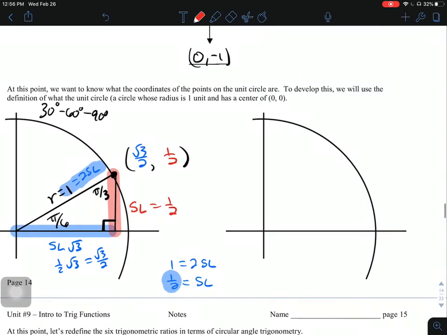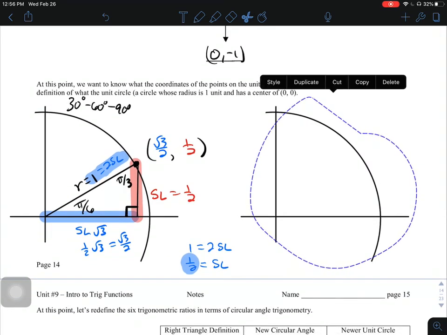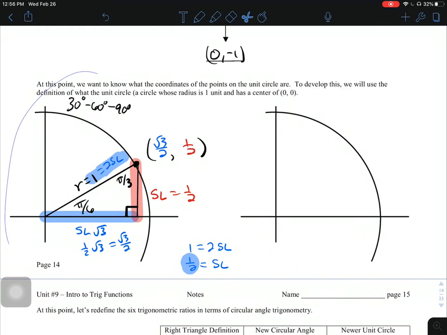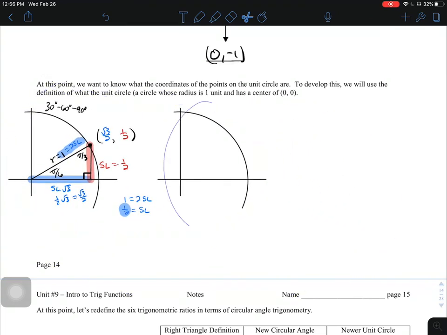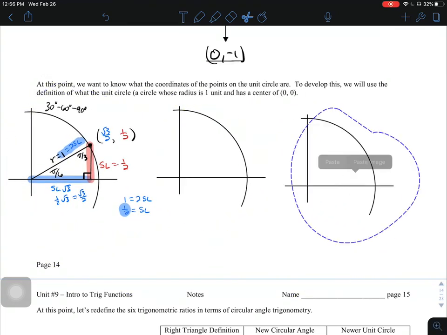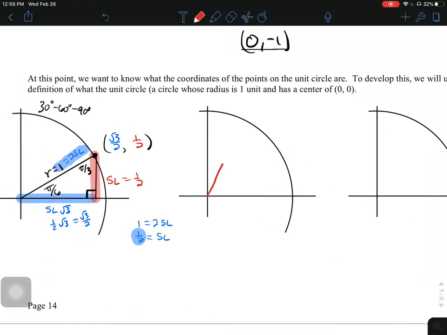Now let's examine. I actually might draw another one of these little fellas. Make this a little smaller. I know you can't do that, and I apologize. Let's go with this angle here, which is pi over 3.